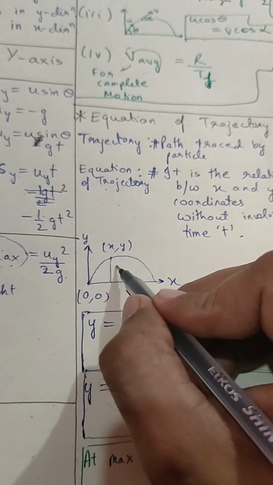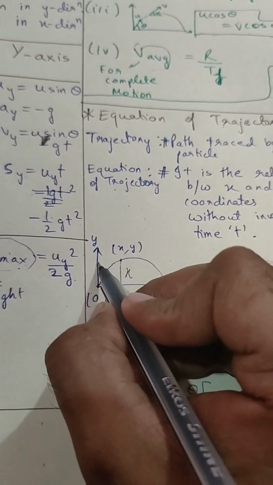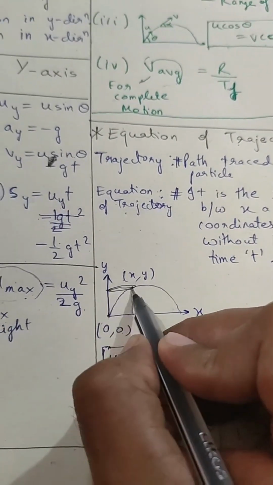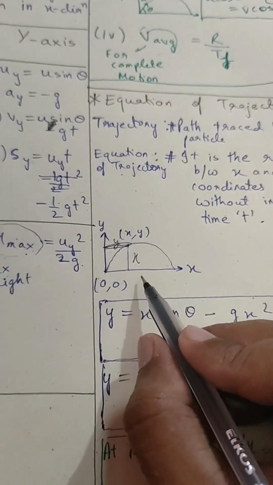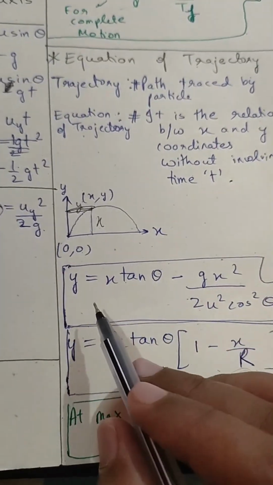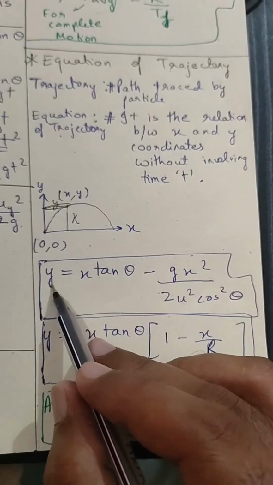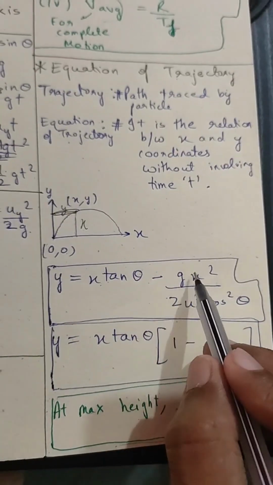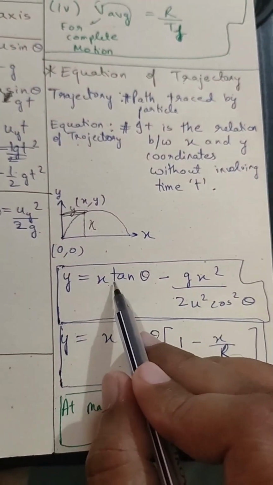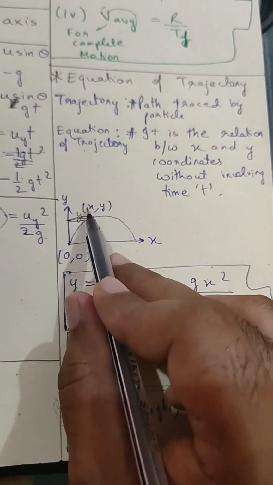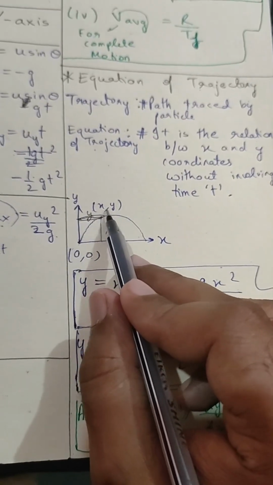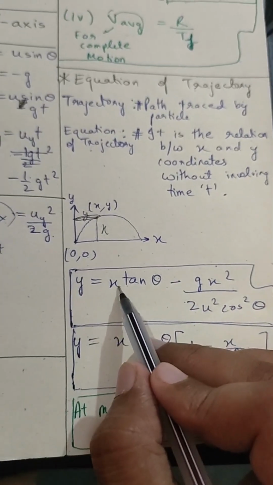This distance is x, and this height is y. So the equation of trajectory is: y is equal to x tan theta minus g x square upon 2 u square cos square theta, where x and y are the coordinates of the object at that instant.